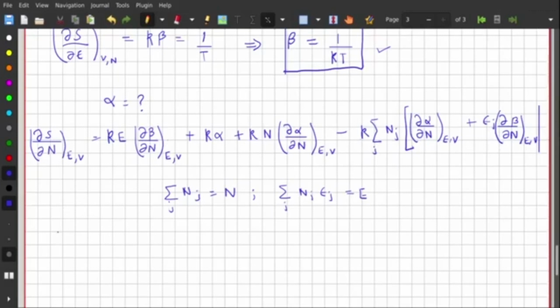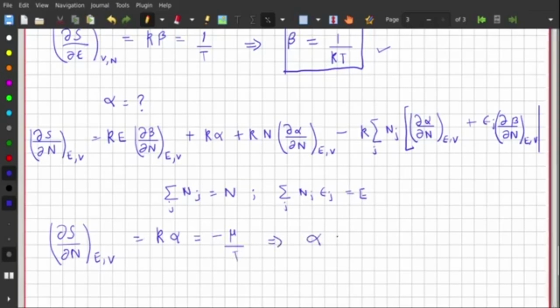What will be left is partial S partial N at constant E comma V given by K times alpha. And from classical thermodynamics we know that this is equal to minus mu over T. So from here we computed the second Lagrange multiplier, which is alpha equals minus mu by kT.